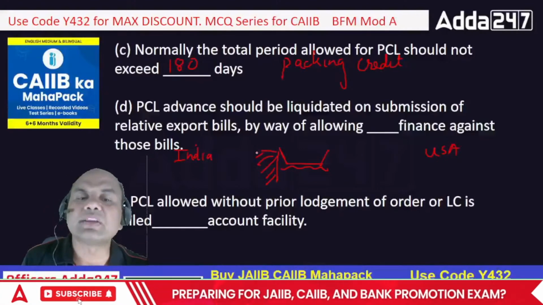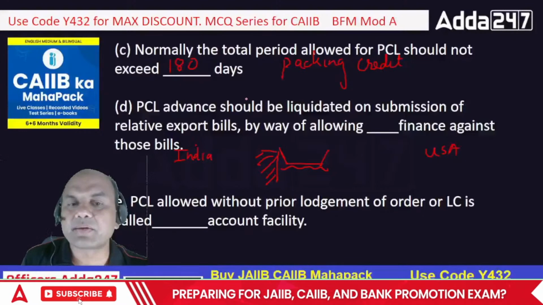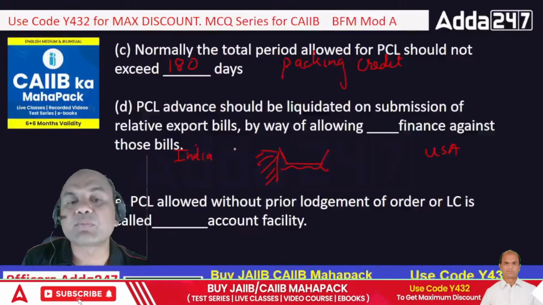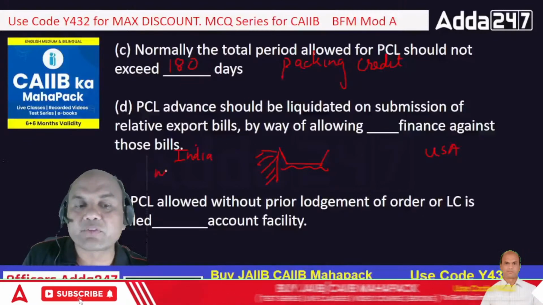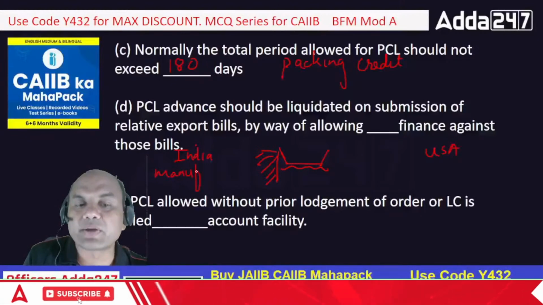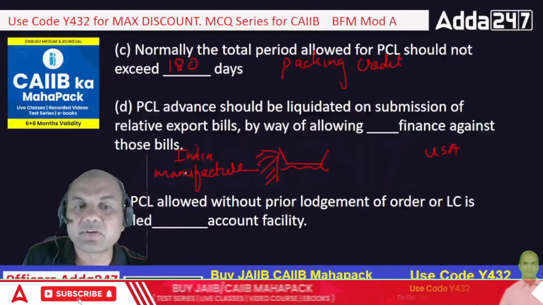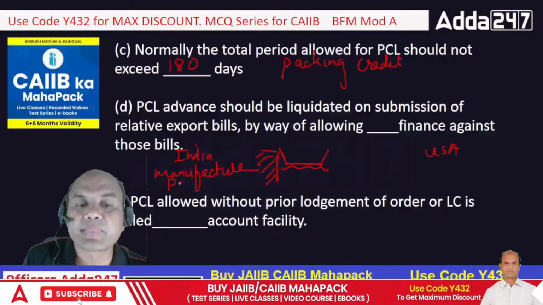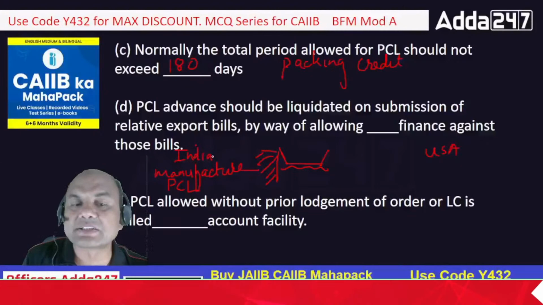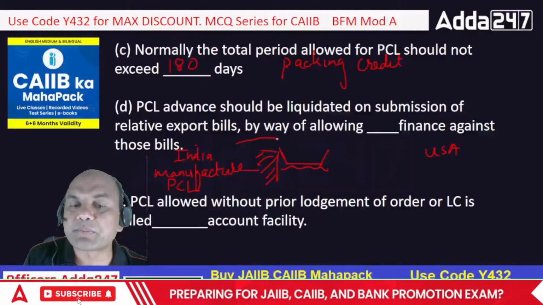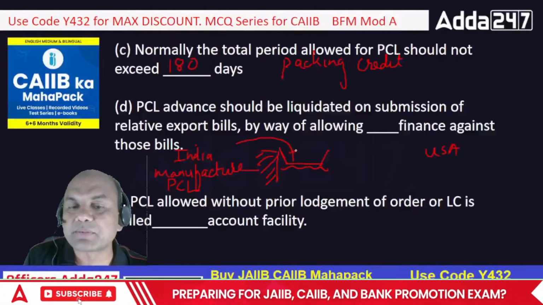So what will I do? First, if I get an order, I'll have to manufacture those goods. So manufacturing will be done over here. For that, I'll get the PCL, packing credit. So PCL is given over here. I make those goods, prepare those goods and send them in the ship.